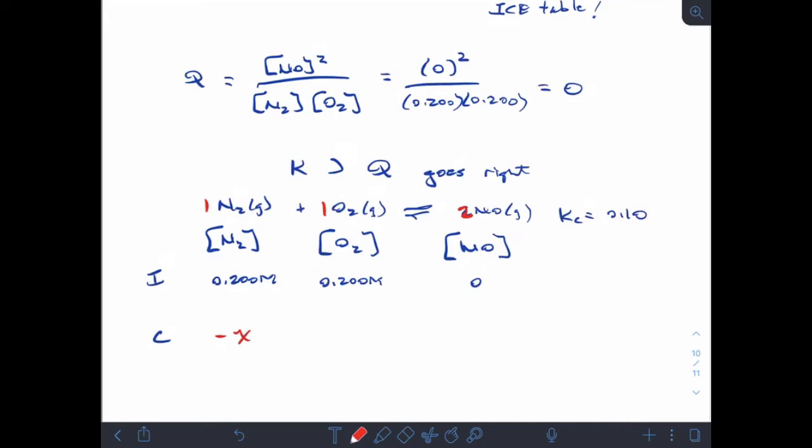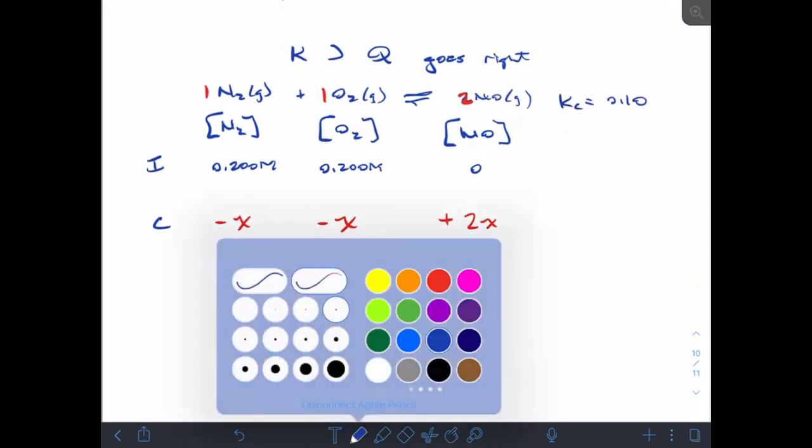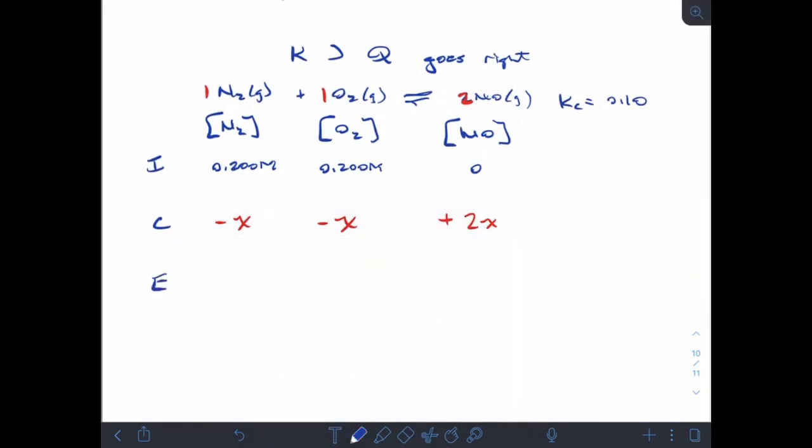We're losing 1 O2, and we're gaining 2 NOs. Right? So now my equilibrium line will be 0.2 minus x, 0.2 minus x, and 0 plus 2x.